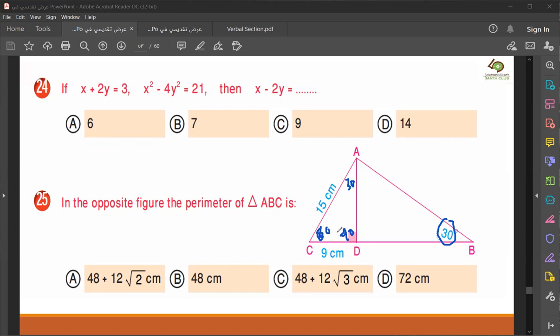So what is the answer of this 15? That's opposite of what? Oh, because I have a triangle here, we can find it by what? Or by Pythagorean? Pythagorean, we write it here.